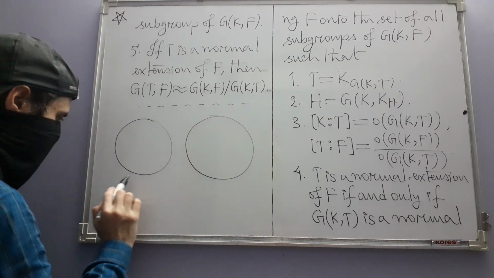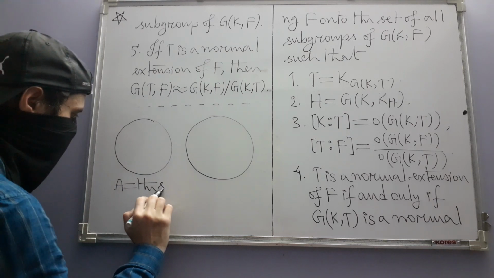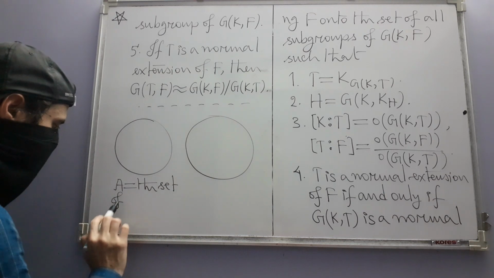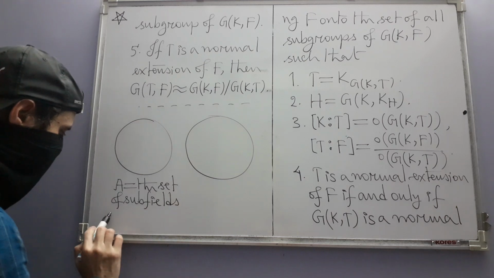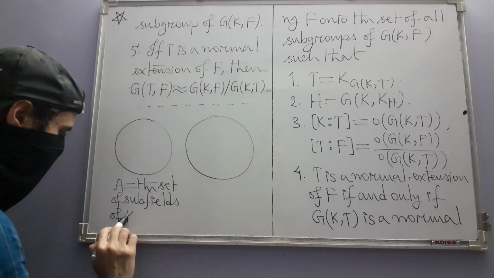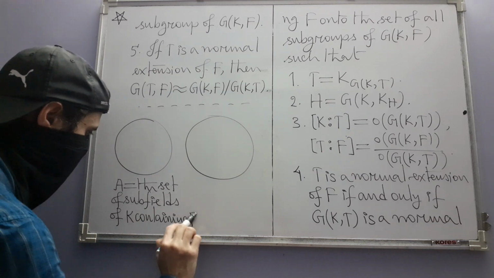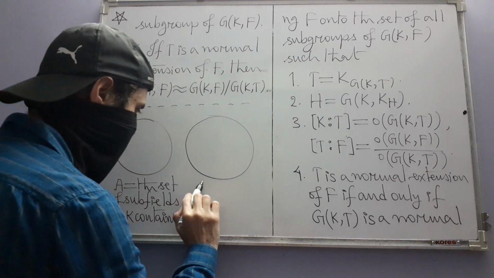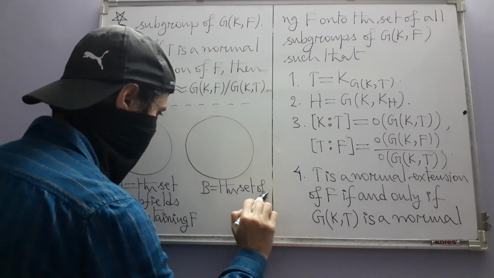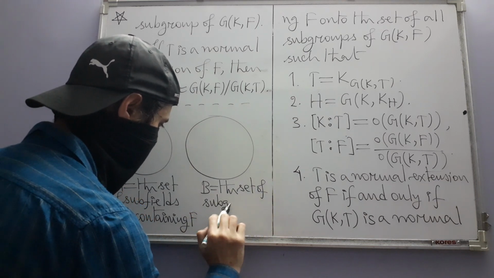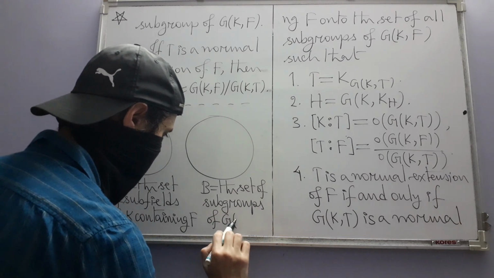This is the set, let me give it a name: A is the set of subfields of K containing F, and B is the set of subgroups of the Galois group.